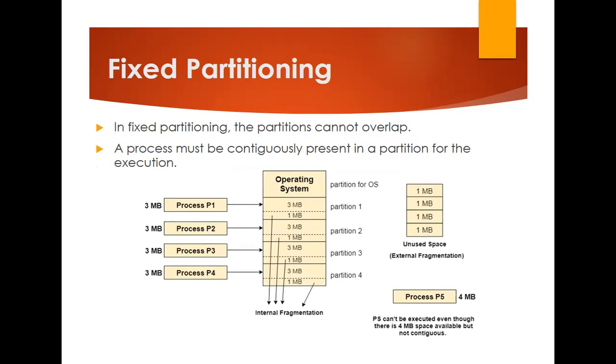So it cannot be over the other one. It will continue one after the other. So I can't say, for example, that the first partition has only 3 megabytes and 1 megabyte of empty space. I have to use all 4 megabytes.